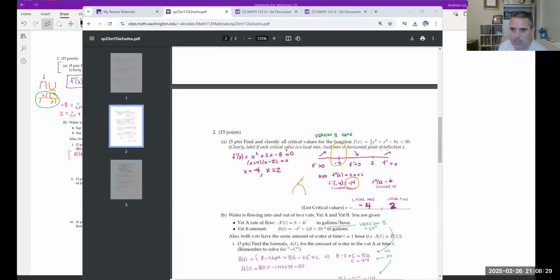If you know the slope is 0 and you're concave down, you're at a max. If you know you switch from increasing to decreasing, you're at a max. So if you had time on a test and you had already figured out, you're pretty sure it's a max, you could also compute the second derivative at -4 and see if it's concave up or concave down. Similarly, we would expect this one to be concave up. So this was a confirmation.